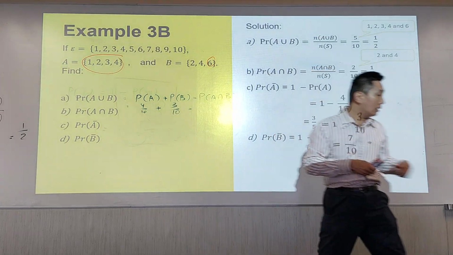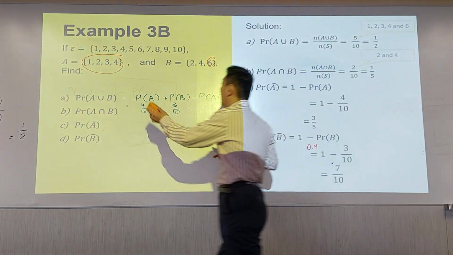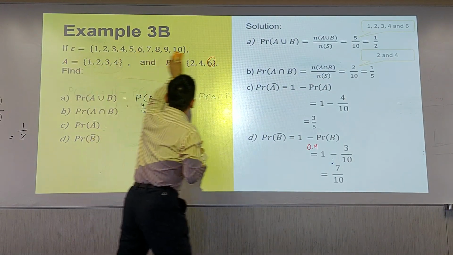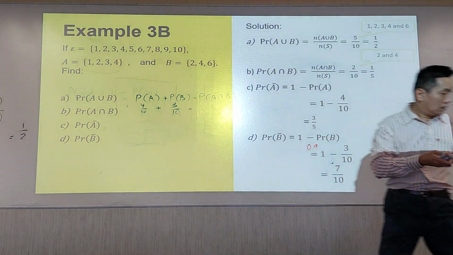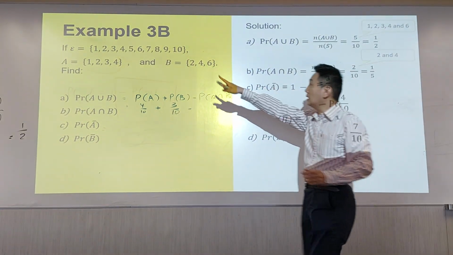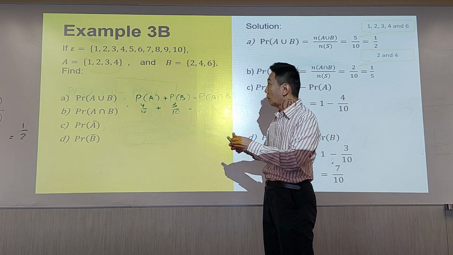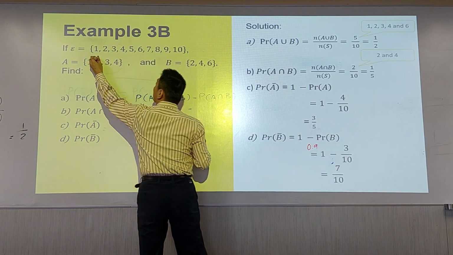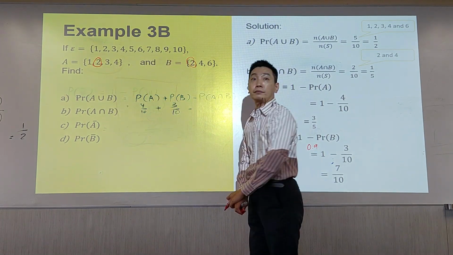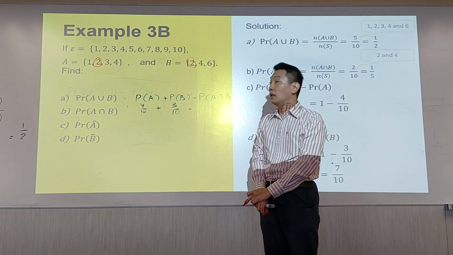So which are the elements that appear in both A and B? 2, right? And what else? 4.